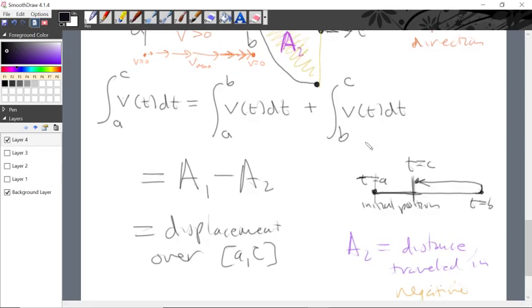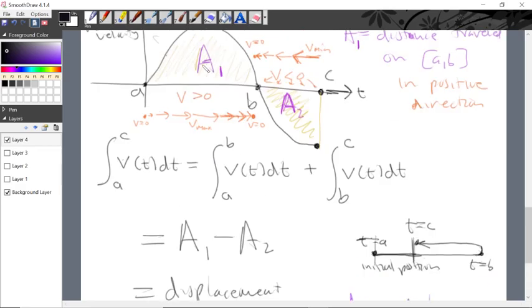Okay? If the size of a1 is greater than a2, then it's going to end up to the right of its initial position, right? Because if the magnitude of a1 is larger, then it went farther to the right than it did returning to the left. If the magnitude of a2 is greater than the magnitude of a1, then it's going to end up farther to the left of the initial position than it started.